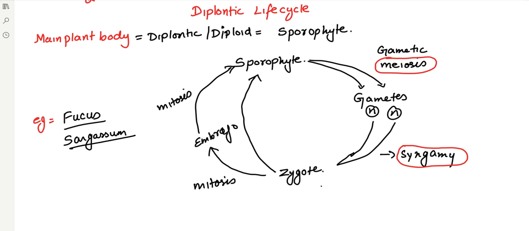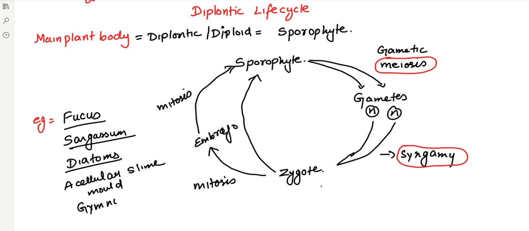Now, leaving these two algae, we can also see examples like diatoms, acellular slime mold, gymnosperm, and angiosperm here. So these are the examples in which we are going to get your diplontic life cycle. Write it down.